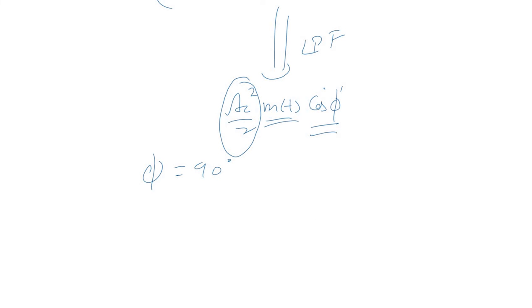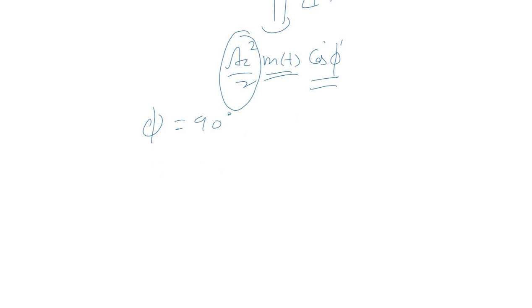we know that cos 90 degrees is 0, and hence that will result in total loss of the signal, right? If phi is 90 degrees, cos phi is 0, that means the detected signal will be equivalent to 0.